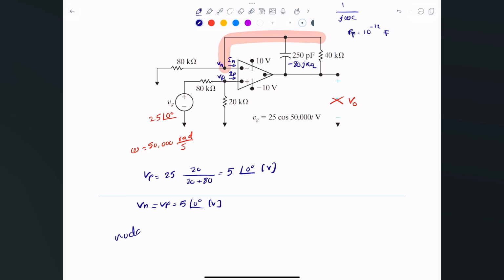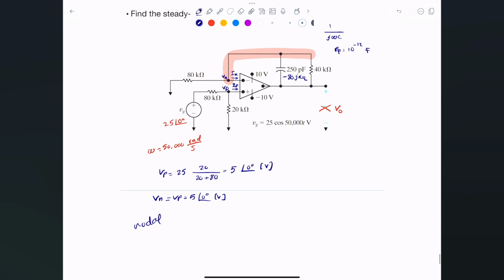So nodal tells me the following. V of N minus 0 divided by 80K, plus V of N minus V naught divided by negative 80JK. I don't need to write K. We're just going to write it as negative 80J.